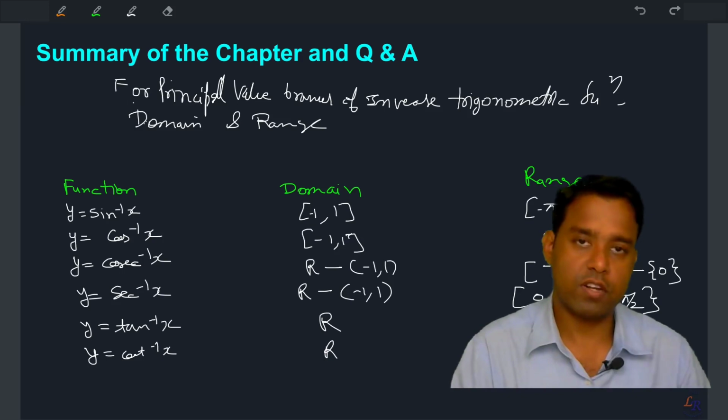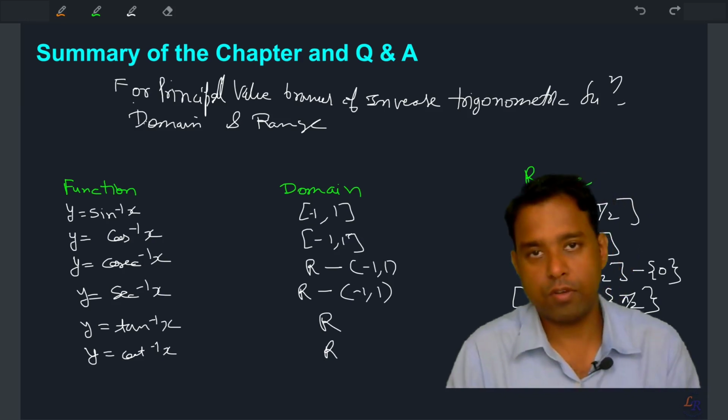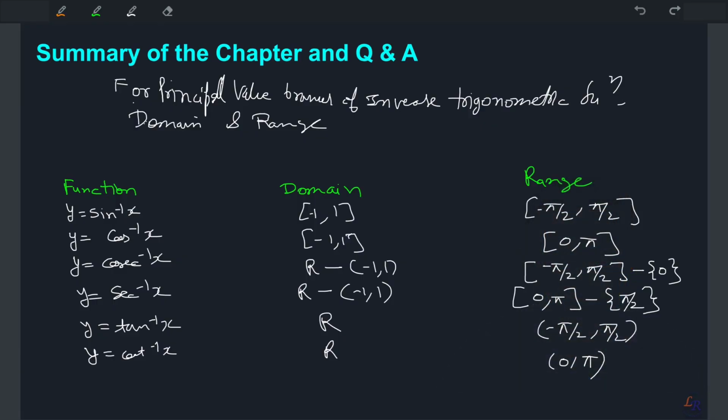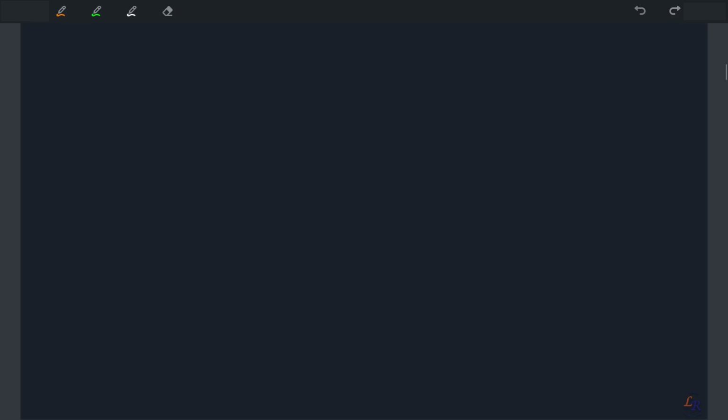Now let's have some further review of the properties which we have studied. One property we just saw is that sine inverse x is not equal to the inverse of sine x, that is, 1 upon sine x. You should not confuse them, because 1 upon sine x is equal to cosec x, so it is not the same thing. That is one important point.